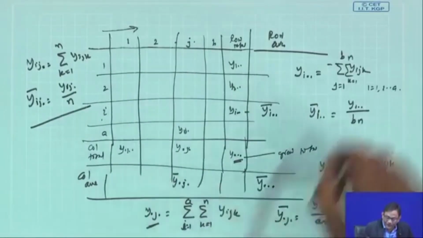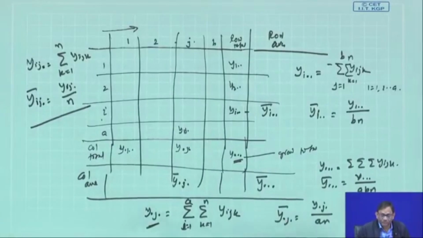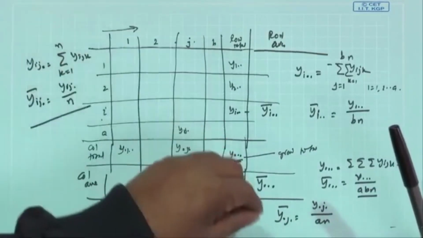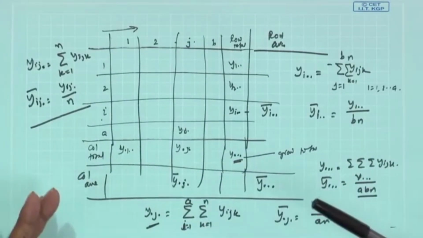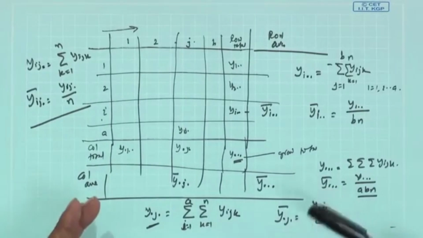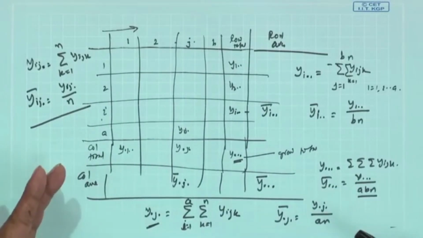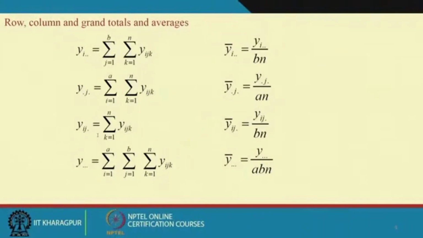Okay. So, this will give you the required statistic values for computation of SST, sum square total, sum square effects, main effects, interaction effects, and errors, all those things. Okay.